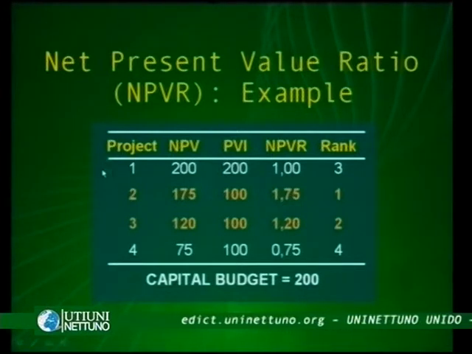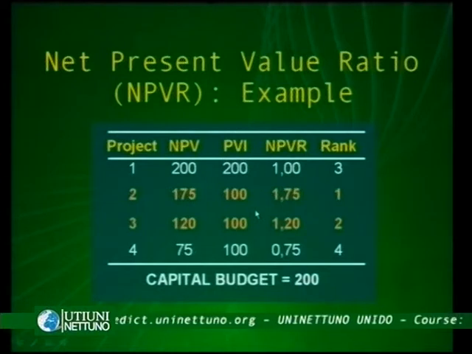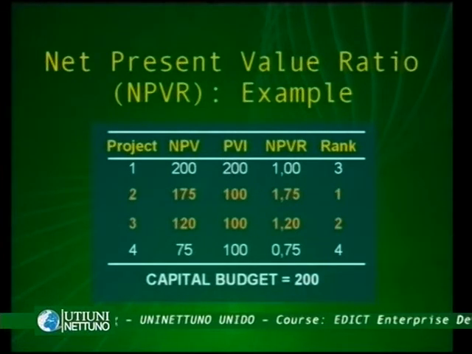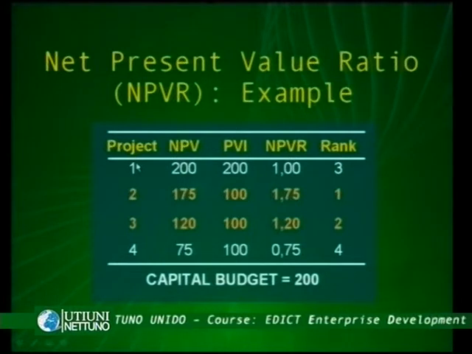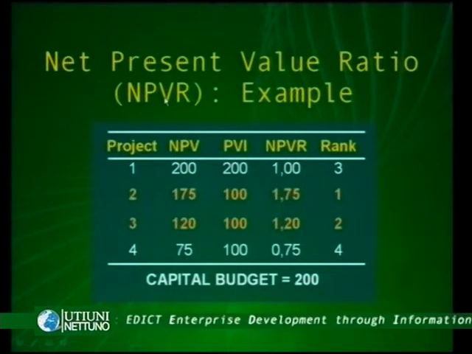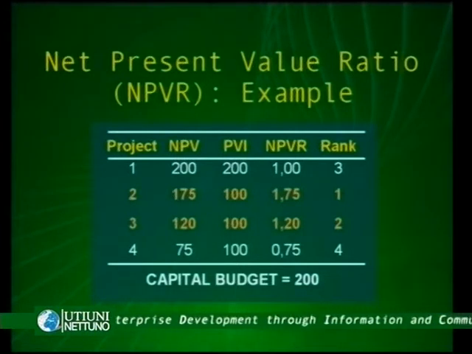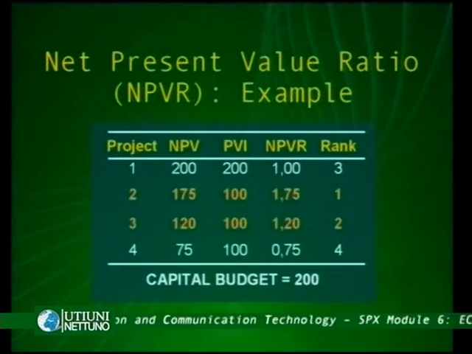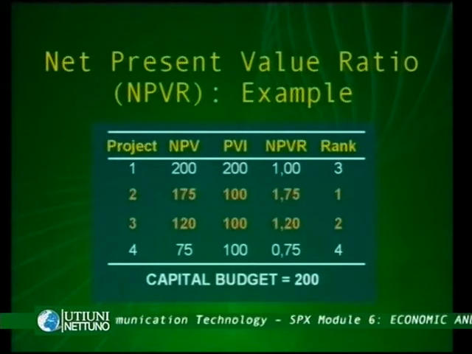In fact, Project 1 is requiring an investment of 200, whereas Projects 2, 3, and 4 are requiring an investment of 100 each. So the fact that the PVI changes across projects is relevant in this particular case, exactly because we have a capital budget and we cannot spend more than 200 in these projects.